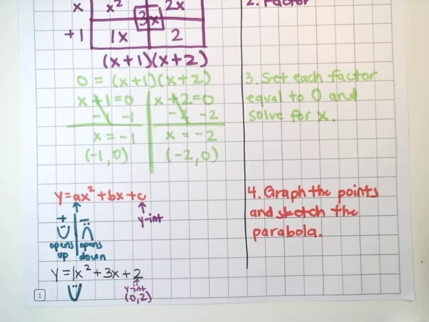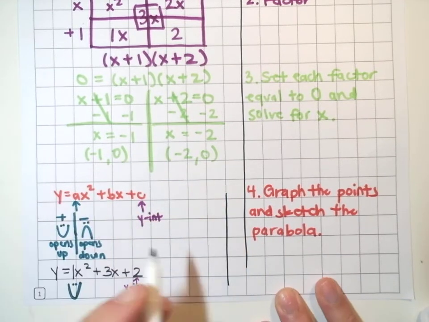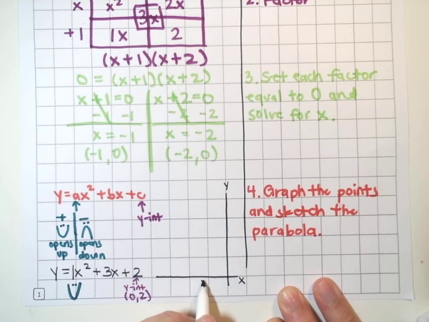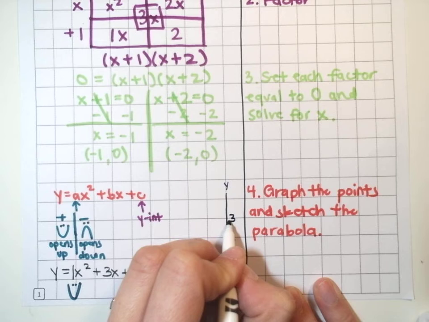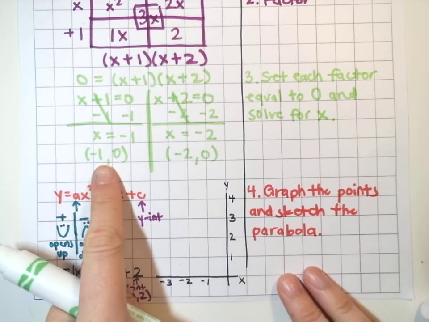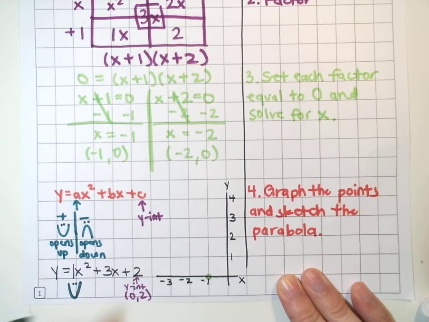So let's go ahead and sketch our graph. Our x-axis and our y-axis. So first, let's start with our x-intercept. So we have an x-intercept at -1, 0 and -2, 0.